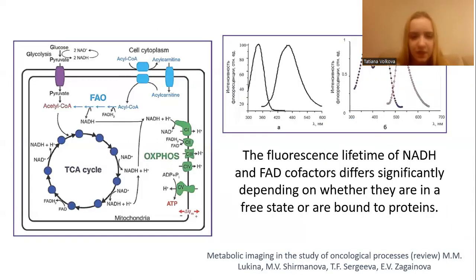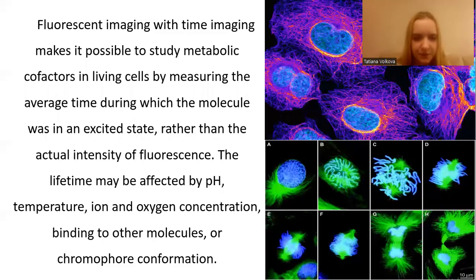The study of cell metabolism by the method of time-resolved fluorescence imaging is based on the fact that the fluorescence lifetime of NADH and FAD effectors differs significantly depending on whether they are in a free state or are bound to proteins.